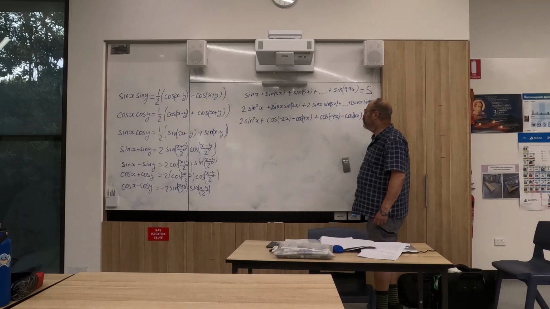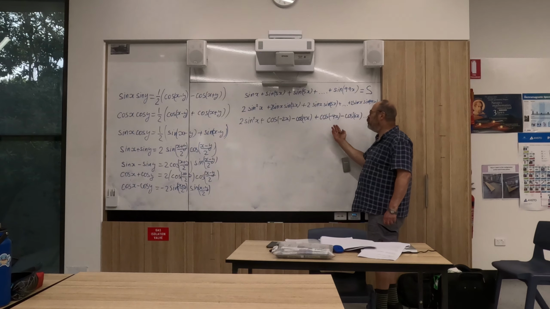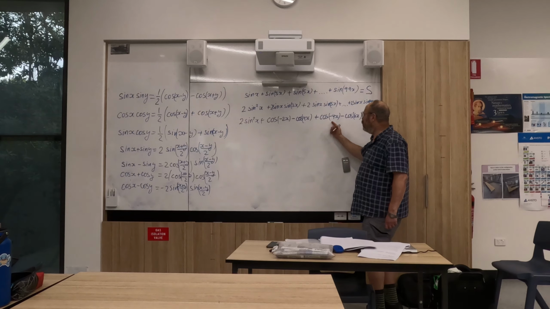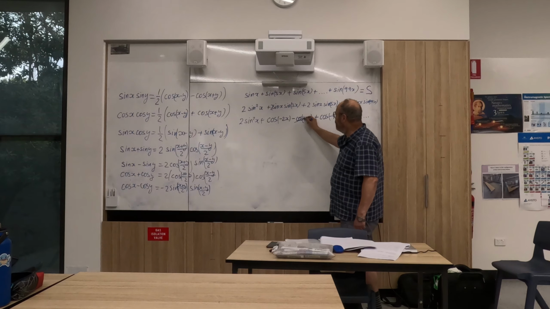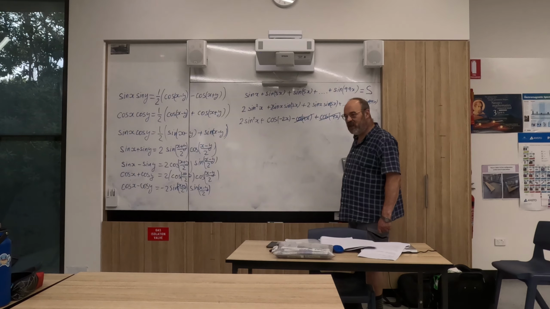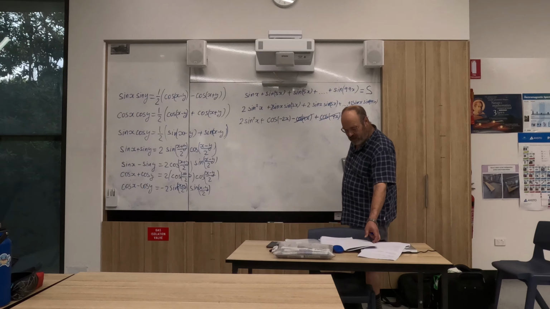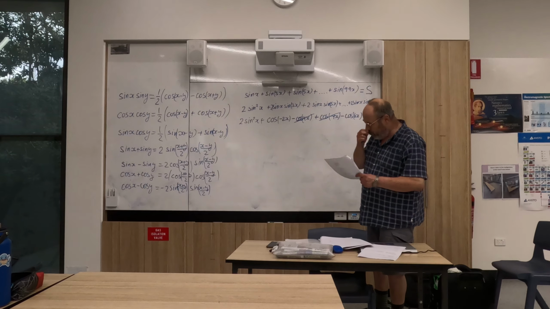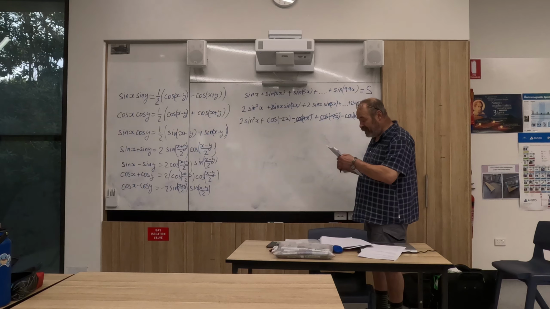Now we have cos of negative 4x. Cos is an even function, so it equals cos 4x, and it cancels out with the previous term. The next ones cancel out as well. If you look at the whole thing, what will be left, what will not cancel out?